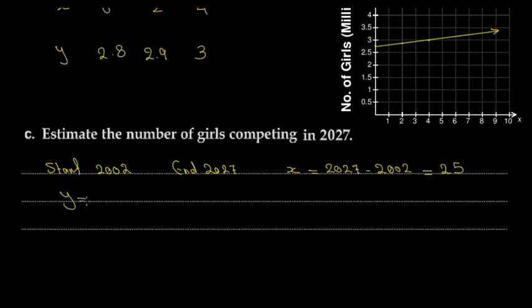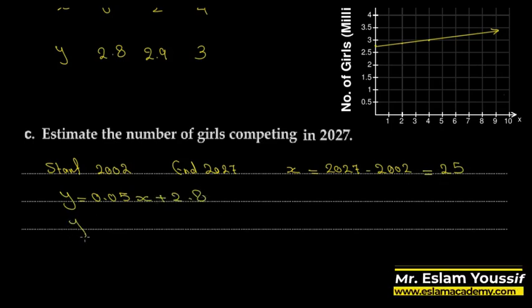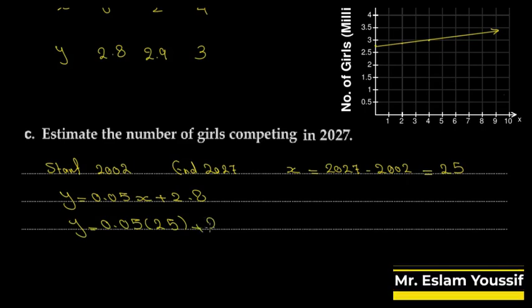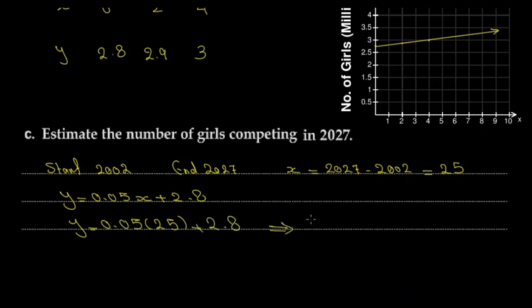As you know, the equation is y equals 0.05x plus 2.8. So the number of girls after 25 years will be y equals 0.05 times 25 plus 2.8. Then the number of girls will be y equal to 4.05 million.